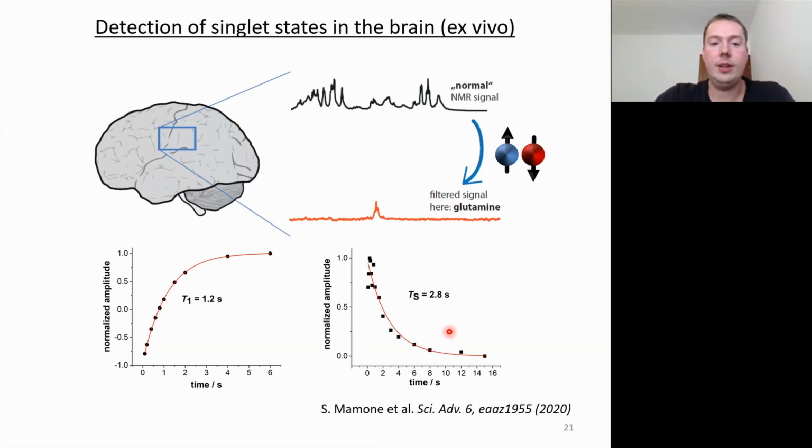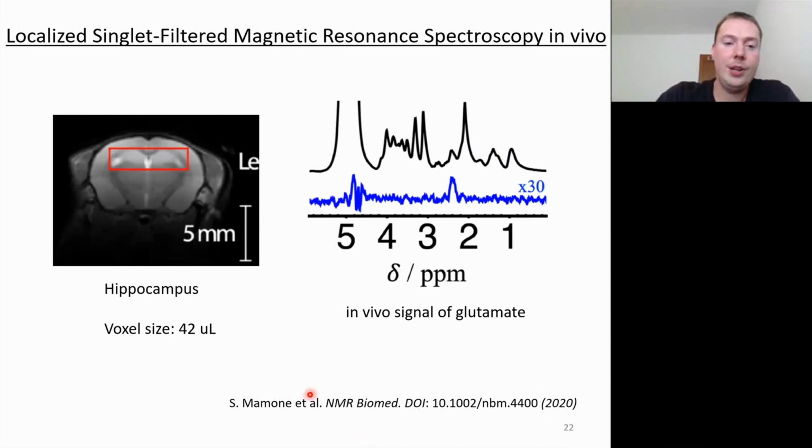And what we did quite recently is we turned our sequence into a localized singlet filtered NMR experiment. And just this Tuesday, we had a paper published online where we can show first singlet filtered in vivo data in the hippocampus of a mouse. So this is the proton image of the mouse brain.